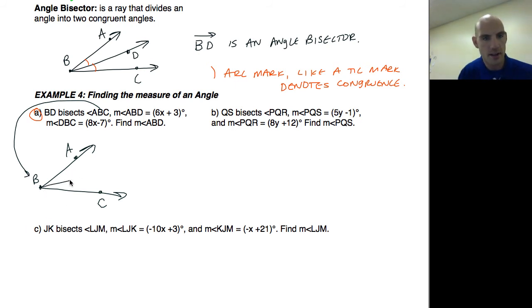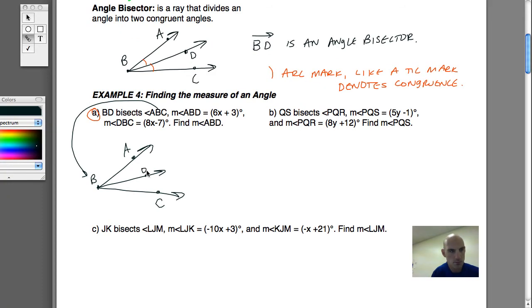ABC is bisected by BD, and that gives us two angles. Those two angles have labels. ABD is 6x plus 3, and DBC is 8x minus 7. Notice, bisects. That means that the two halves are congruent.